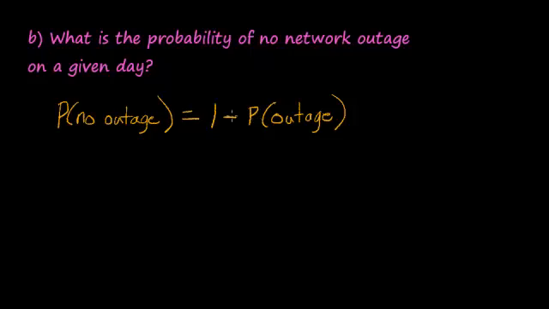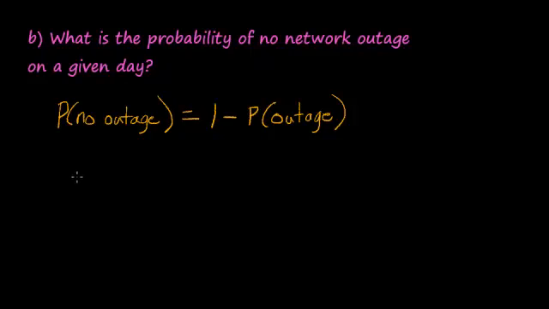Much easier to calculate than all the combinations of having 1 server still running, or 2 servers still running, or all 3 servers still running. That would be many, many different things to consider. Here, we just have to look at, well, what's the probability of an outage, and then subtract that from 1, because you either have 1 or you don't.